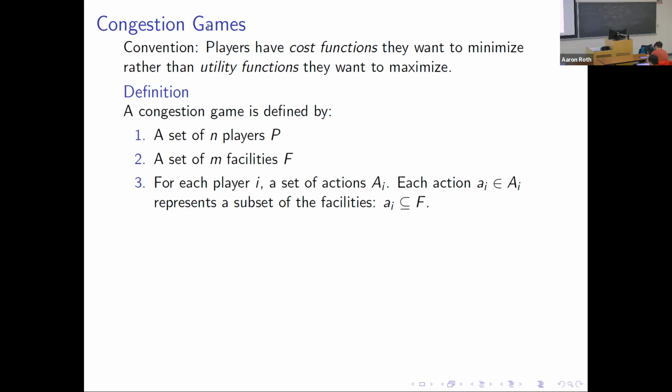So for example, to keep this concrete, in a traffic routing game, if I am a player whose starting location is S and whose ending location is T, my action set would be the set of all S-T paths, which are a particular collection of subsets of the edges. Paths are subsets of the edges. So in general, in a congestion game, the action set for each player will be a collection of subsets of the facilities. Each action is a particular subset of the facilities.